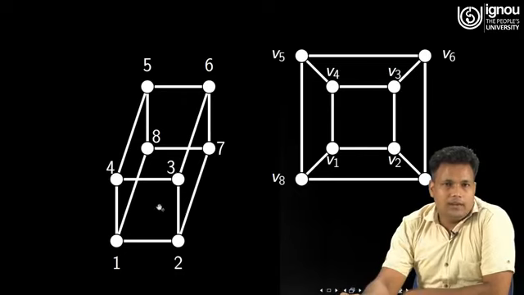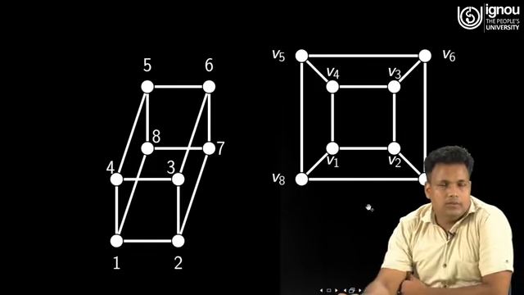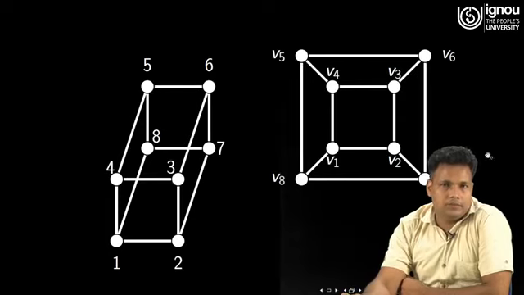That is, the vertex i here is mapped to the vertex Vi, and now you can check that this mapping is essentially an isomorphism. To show that a mapping is an isomorphism, you have to first show that the mapping is one-one and onto. It is a bijection, right? Clearly it is a bijection because both have the same number of vertices, and we have mapped each vertex to a vertex here.